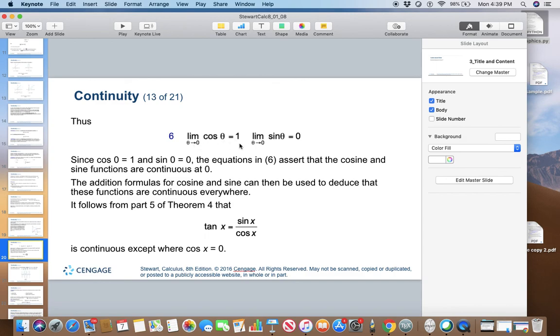Plug it in. Limit as theta goes to 0 of sine theta is 0. Plug it in. Tan is sine over cosine. Well, this is a quotient of continuous functions.